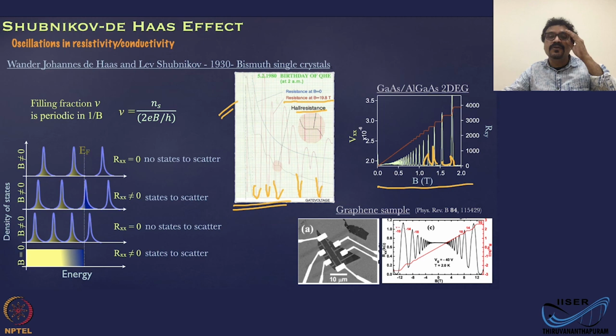So now let us look at the concept of resistance. Philosophically, what it means is it is the impedance or the opposition offered to the forward propagation of the electrons. That is what is resistance.